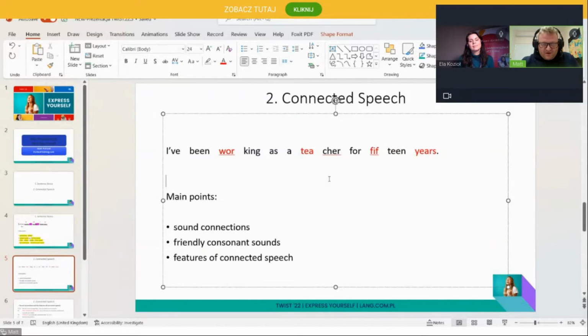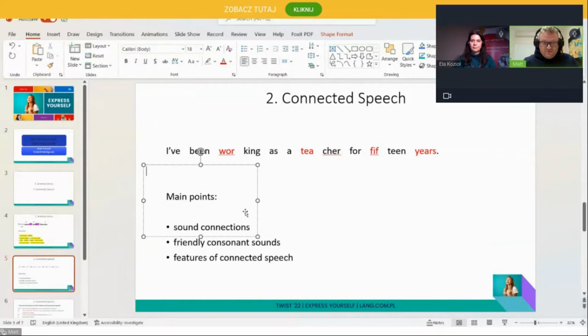The problem is our words do not play nicely together. They crash together. And we have to do certain things to change them, the connections. And we do. We do it all the time. I'm doing it now even.